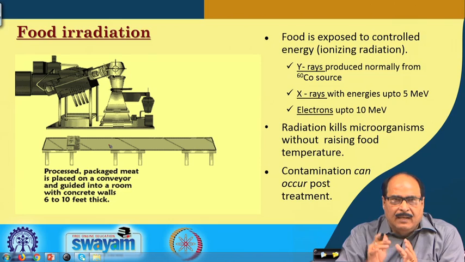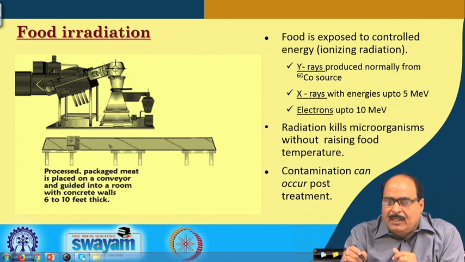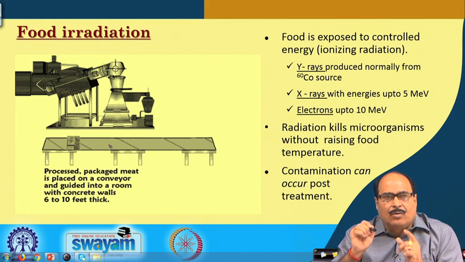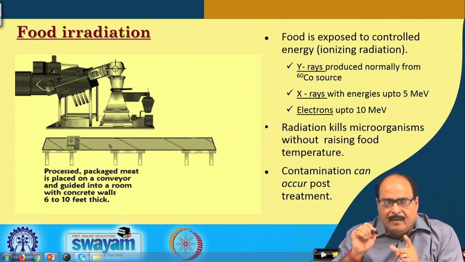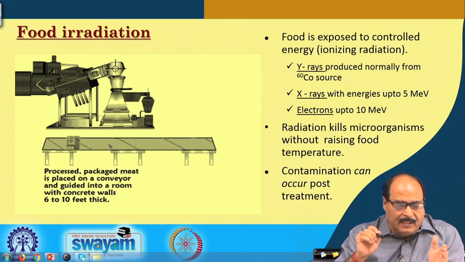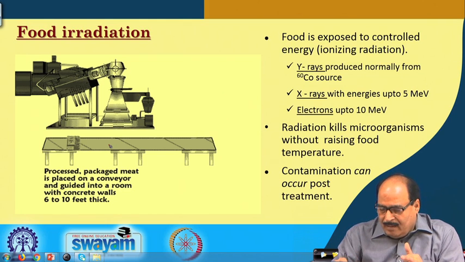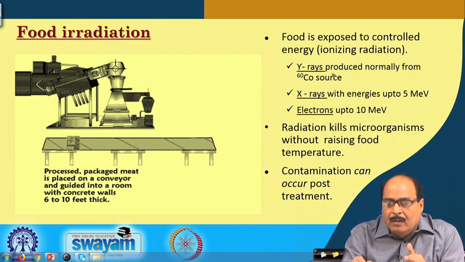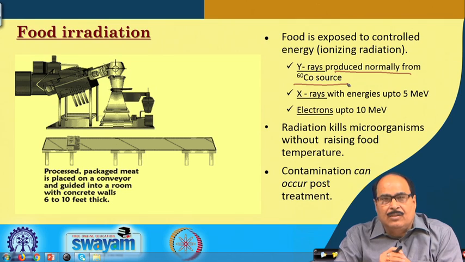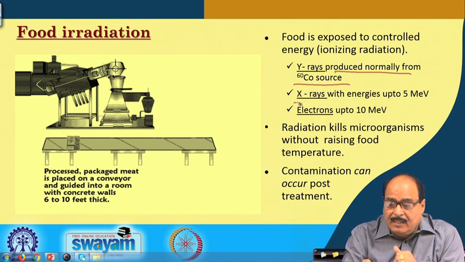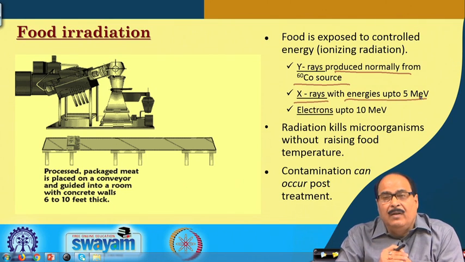In this technology, food is exposed to controlled energy, that is ionizing radiations, and the normal types of ionizing radiations used in food processing are gamma rays, produced normally from a cobalt 60 source, X rays with energies up to 5 MeV, and electrons up to 10 MeV.